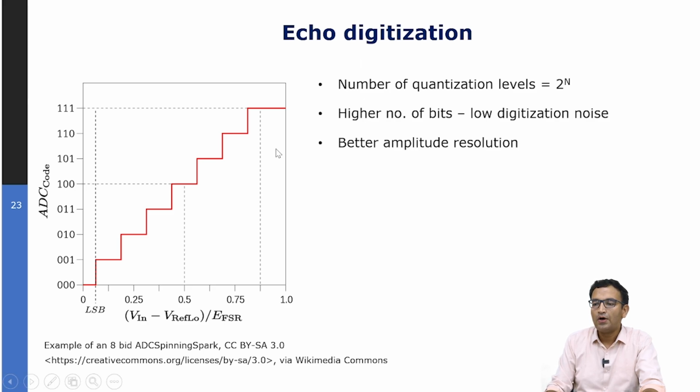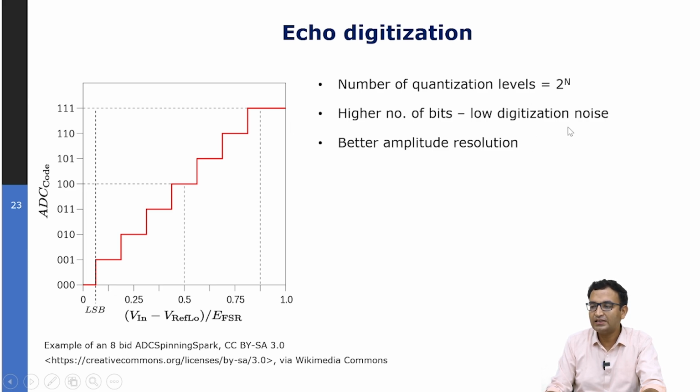So when you have this digitization, there's a certain quantization here. If a signal is here, it will be brought down to the floor. If the signal is slightly higher than the mean value here, it will be taken to the ceiling. But in either case, there is a certain approximation, and that approximation is modeled as a noise. So you have something called digitization noise, which gets added as a result of this analog to digital conversion.